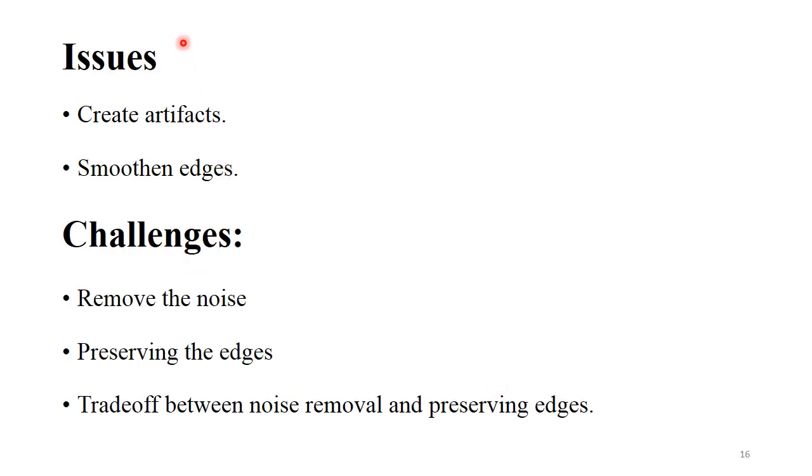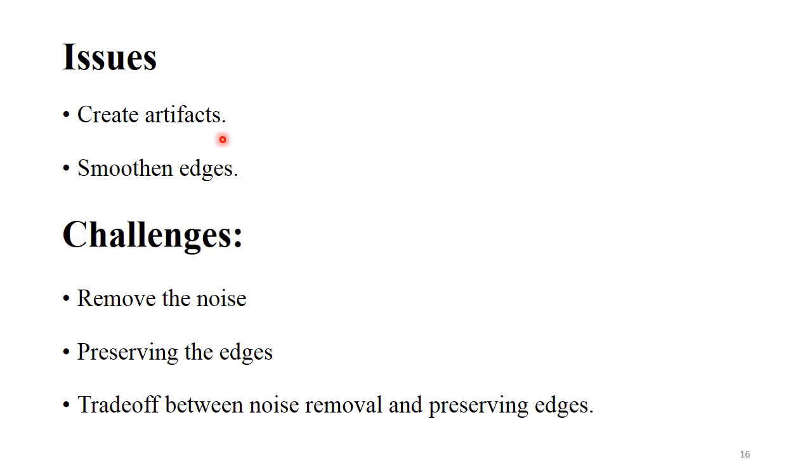Now, coming to the issues and the challenges. First, the issues. Denoising always creates artifacts, the most problematic concept, and then the smoothing of the edges. So if you want to suppress the noise to a better extent, that also smoothens the edges.